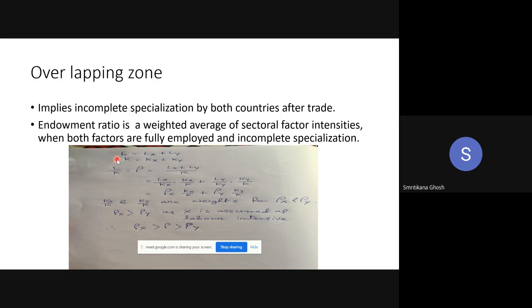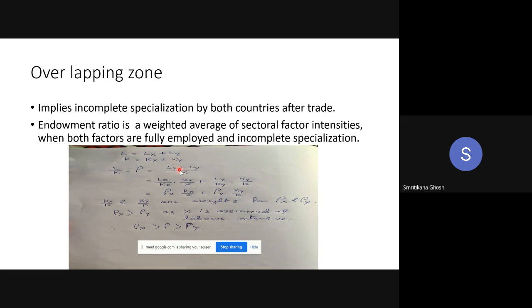What is L? L is the total amount of labor available in your economy, and that is equal to Lx plus Ly, the amount of labor employed in the X sector plus the amount employed in the Y sector. Similarly, K is equal to Kx plus Ky. So the endowment ratio, L by K, is written as tau.